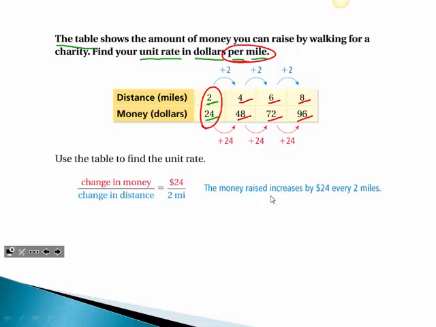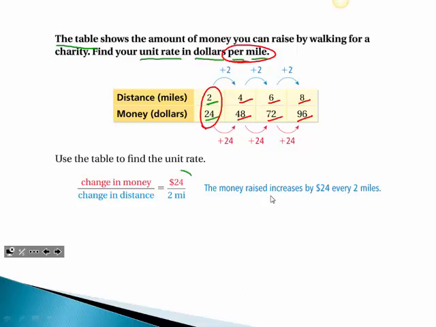So if you notice for dollars, it increases by $24, and the distance increases by 2 miles. So the change in money is every time you look at the table, it changes by $24, and the miles change by 2 miles. Okay? So you set it up, and that is our rate.